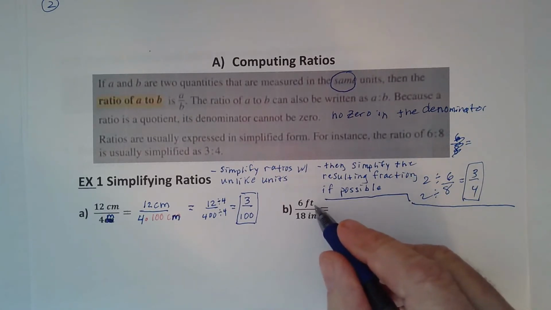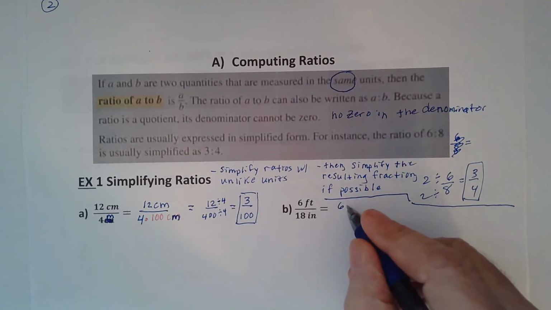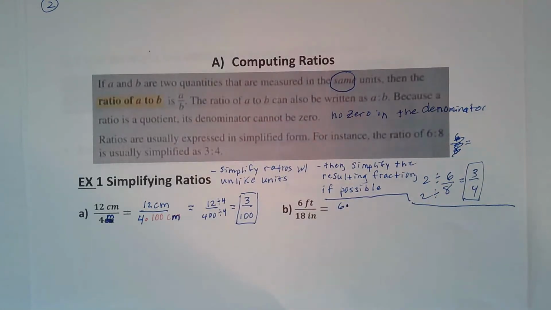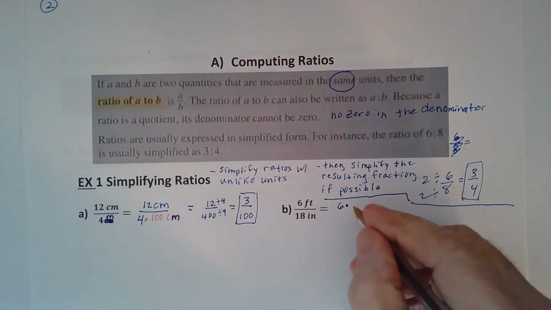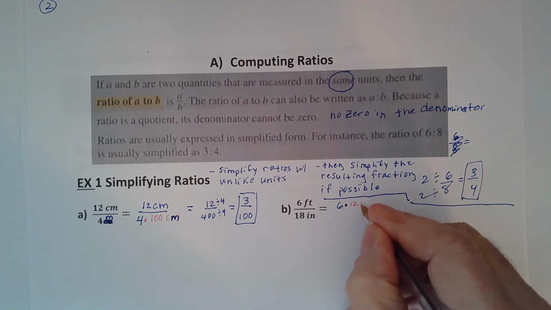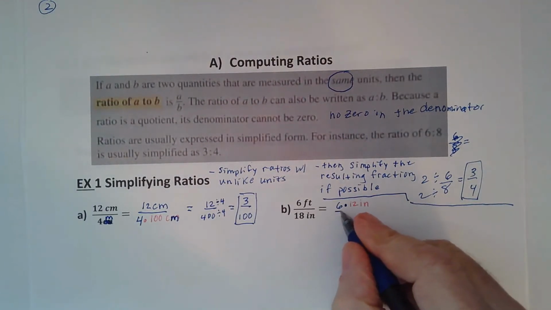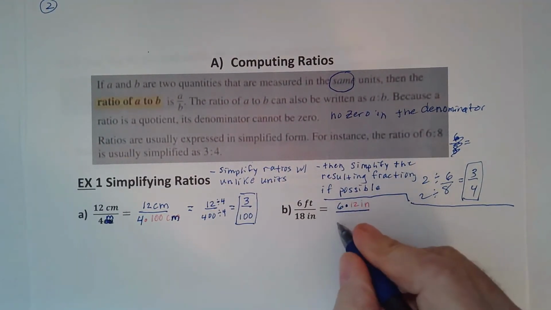In this case, there are 12 inches to a foot. So this is going to be 6 times 12 inches, in red, divided by 18 inches.